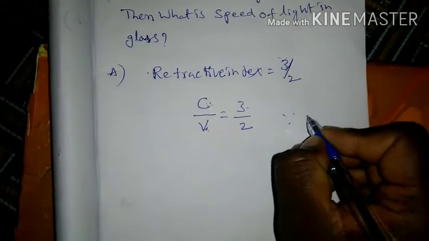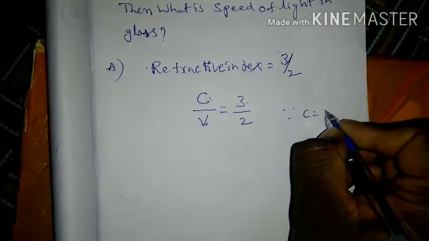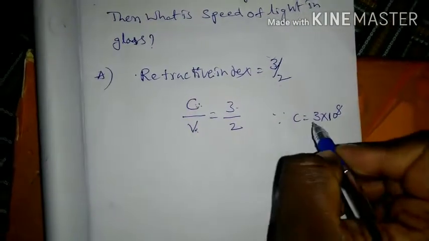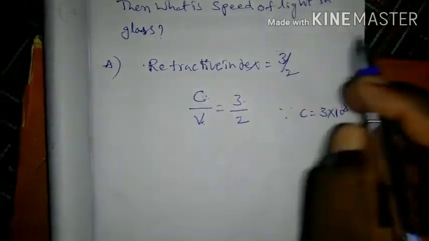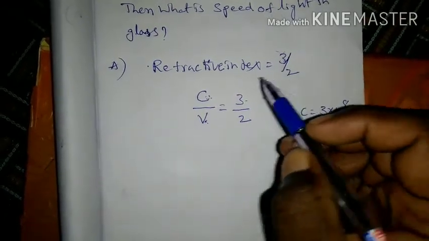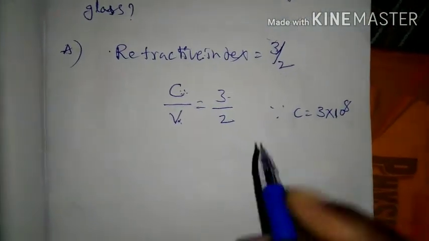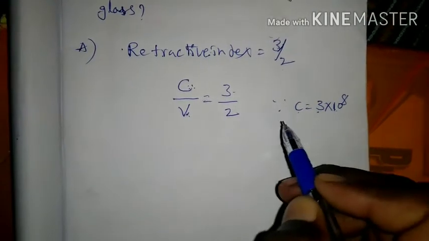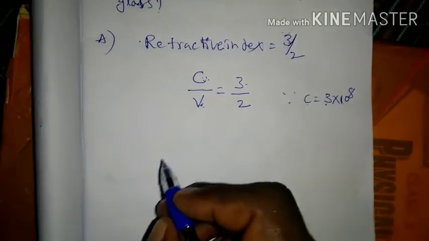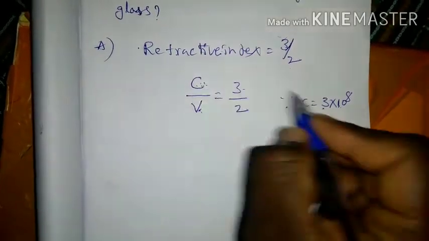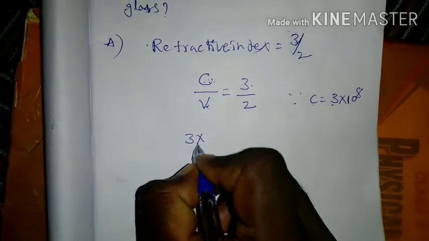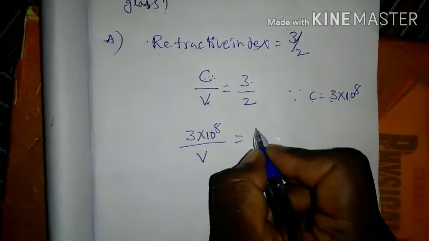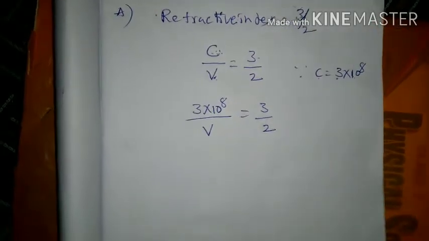Since C is equal to 3 into 10 power 8, already told in properties of light, the speed of light in vacuum is 3 into 10 power 8. Writing the C value, 3 into 10 power 8 by V is equal to 3 by 2.